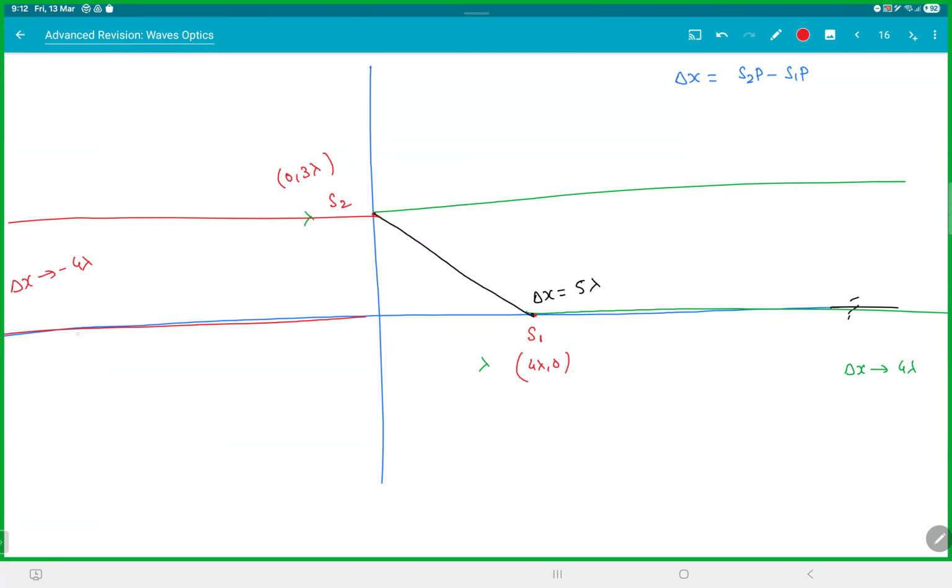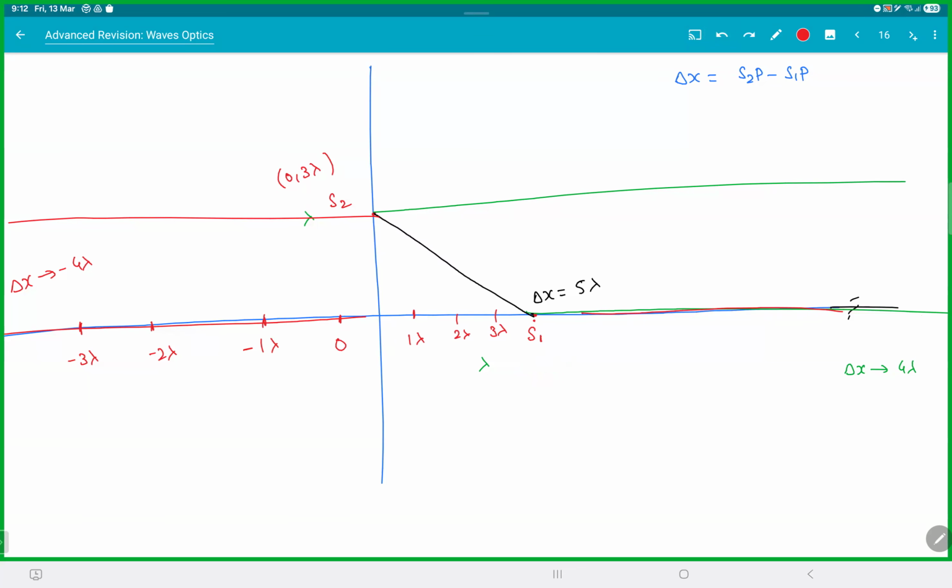If that is minus 4 lambda, somewhere here you'll have minus 3 lambda, here minus 2 lambda, here minus 1 lambda, right? And somewhere here you'll have 0, right? And again, you'll have 1 lambda, 2 lambda, 3 lambda and 4 lambda, and that is 5 lambda, right? This is 5 lambda and this is 4 lambda, so there is nothing here.